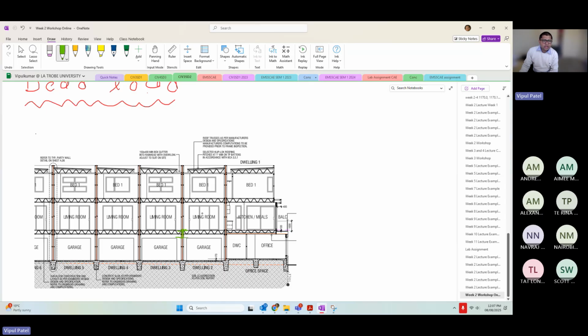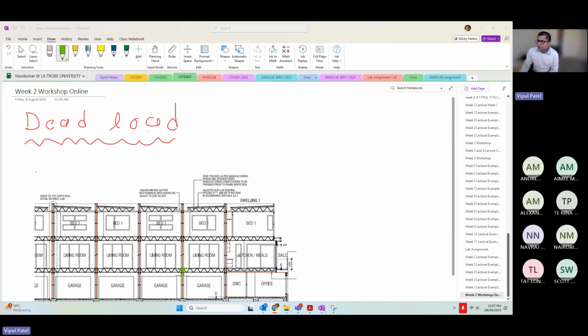There are various layers of loads coming onto this beam that we're going to calculate here. If I show you that beam in a minute, that will also be part of this. So that's the beam we're going to talk about.